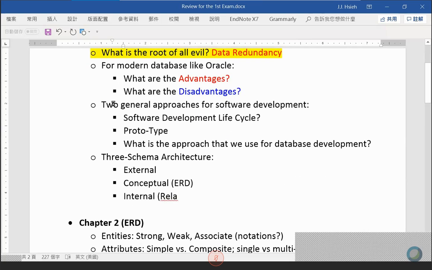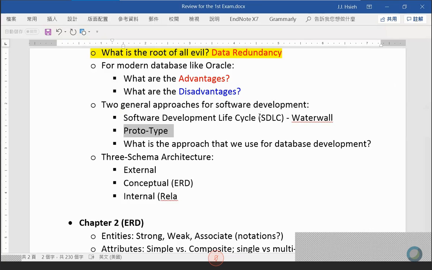So I think we also talked about in chapter 1 the two general approaches for software development. The first one is SDLC, the software development life cycle, also known as waterfall. Another one is the prototype approach.